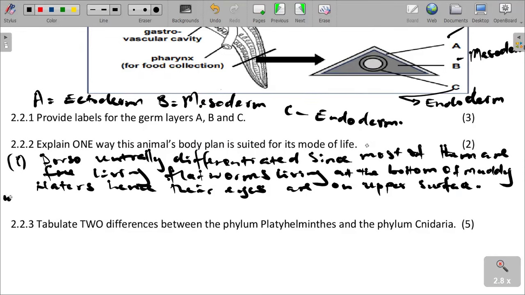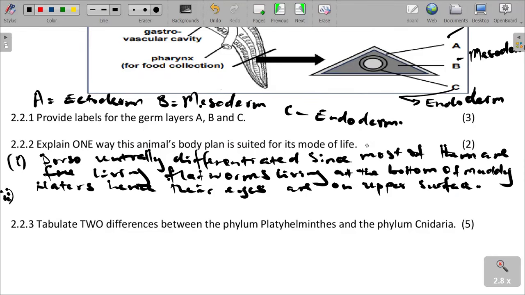And then we have two, which we can also understand: these creatures have cephalization.